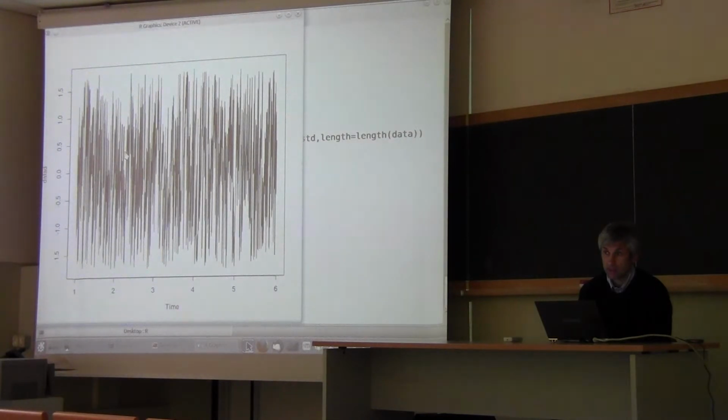Because if you divide the data by their standard deviation, you get a standard deviation of 1. So you don't see any more seasonality here. This is the other striking feature that you can get from the plot.